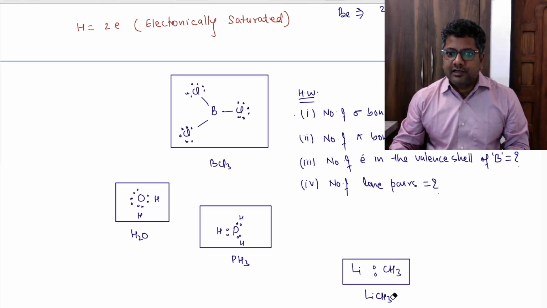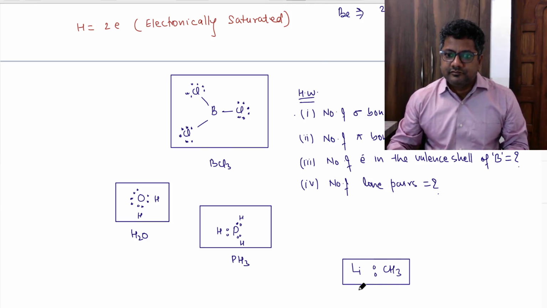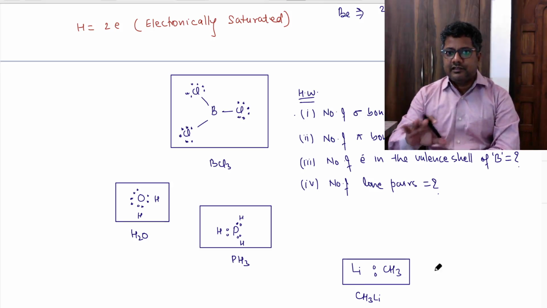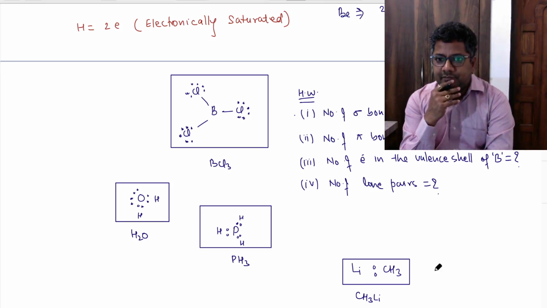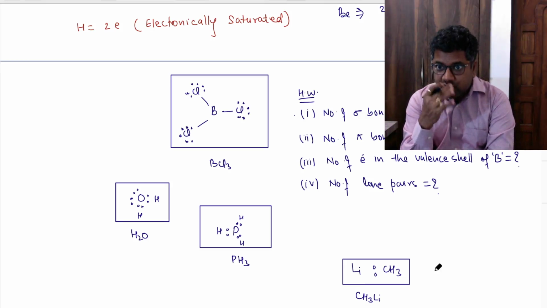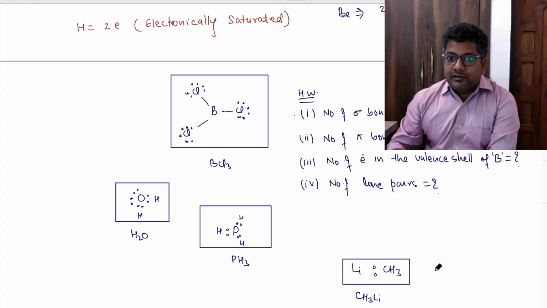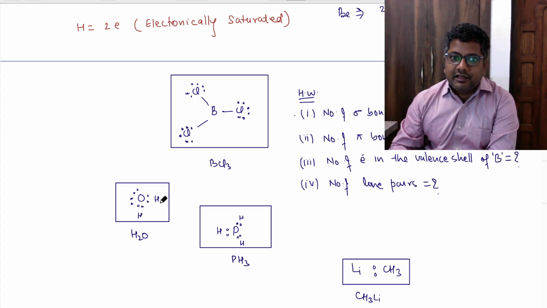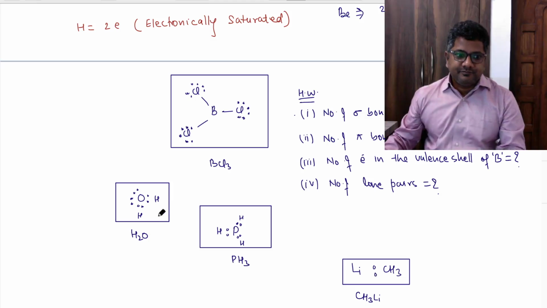It is better to write CS3Li, not LiCS3. So all of you should write all these features for these molecules. This is homework for you people. Valence shell of boron, here in oxygen, in phosphorus, right?